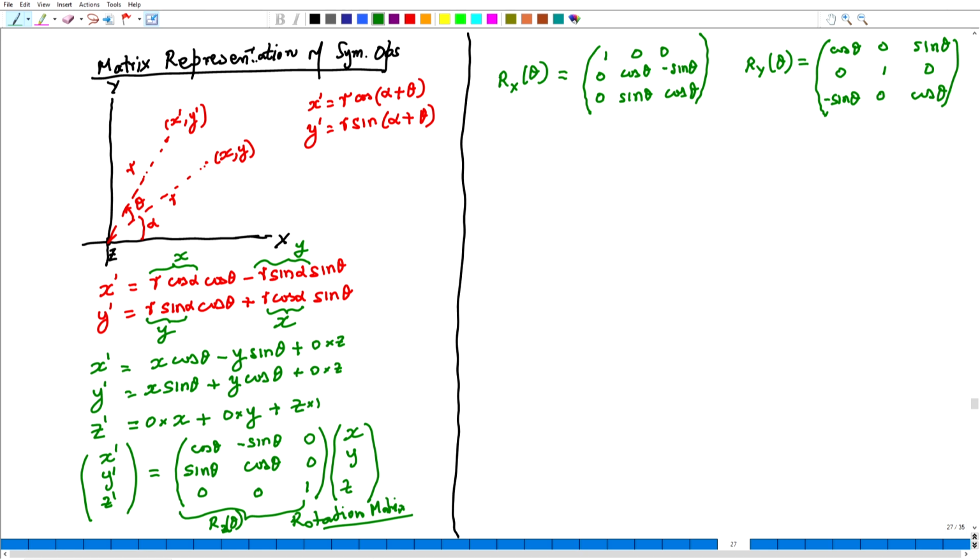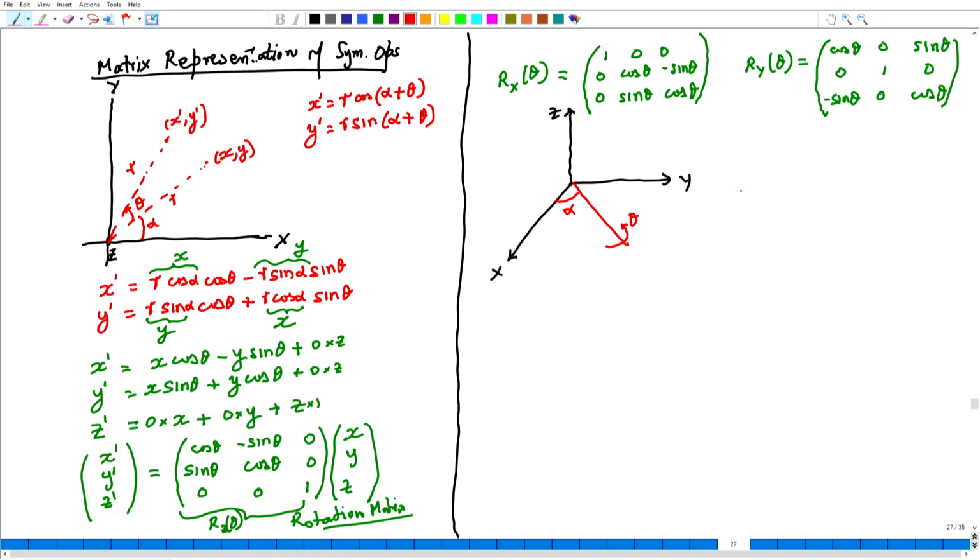Knowing these three axes, we can actually now determine rotation about any arbitrary axis as well. So, for example, suppose I have, in 3 dimensions in the Cartesian coordinates, and let us say my rotation axis is this one and I have to rotate through theta, and the angle that this rotation axis makes with the x axis is alpha and the axis itself is in the xy plane.